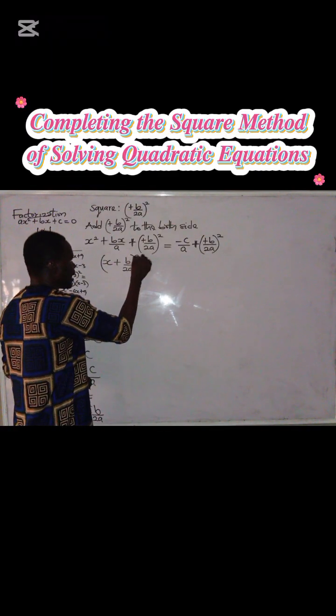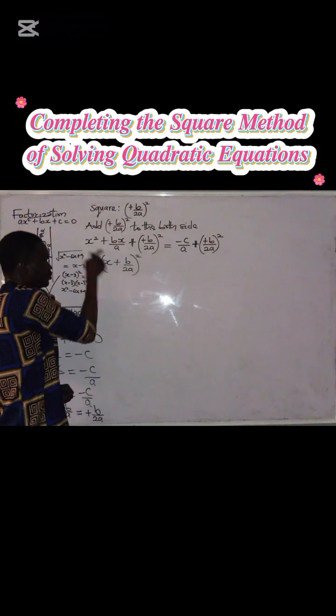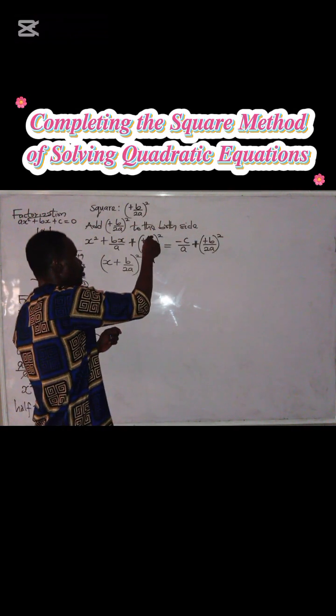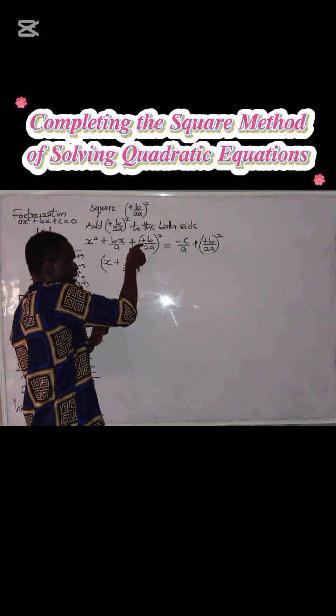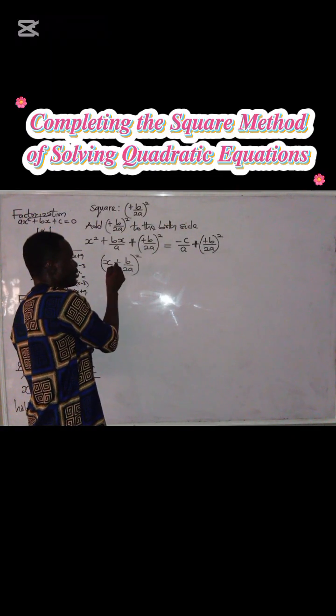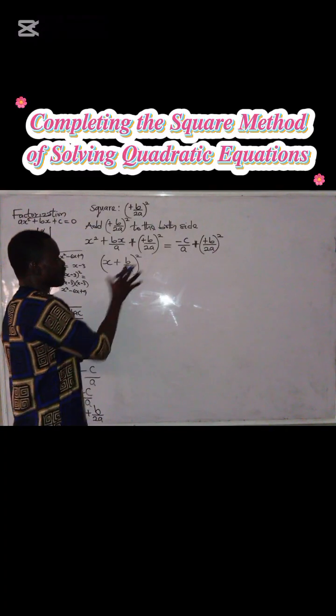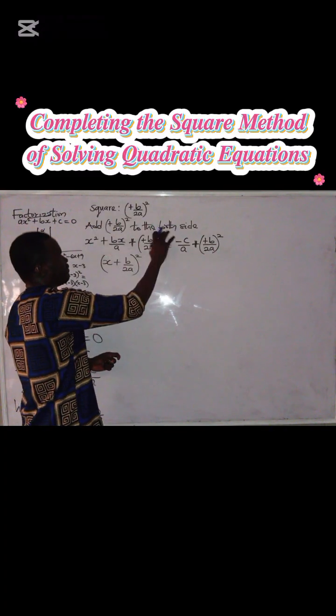Then square. Again, write only this x, don't put square. Neglect this one, and just write this plus sign, then this b over 2a is also added. Then you put the square outside. If you expand this, you are going to get everything here.